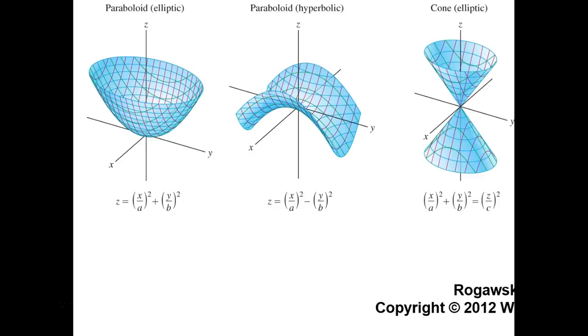Your elliptic cone, now these could be circular. That's a special case of ellipse, where your a and your b are equal. Now, they don't set it equal to 0, but I would, because to me it's easier to see that way. Obviously, if z is 0, x and y both have to be 0.